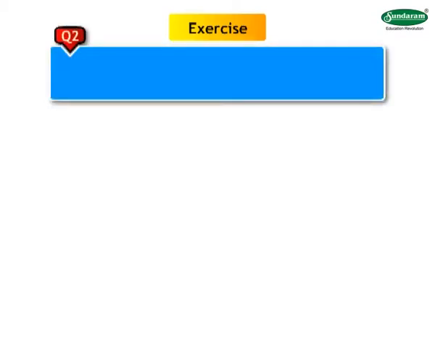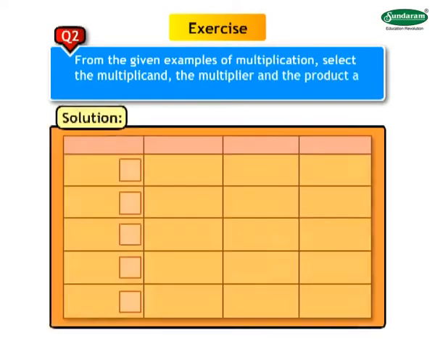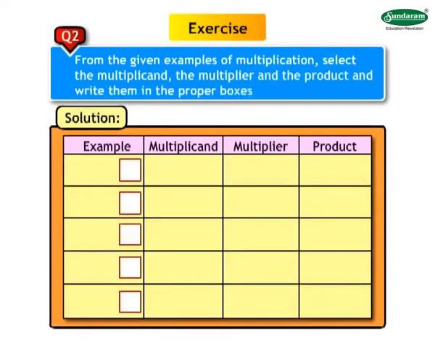Question 2. From the given examples of multiplication, select the multiplicand, the multiplier, and the product and write them in the proper boxes. 1. 5 into 5 is equal to dash.